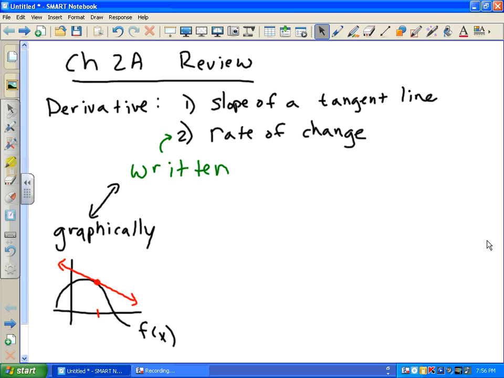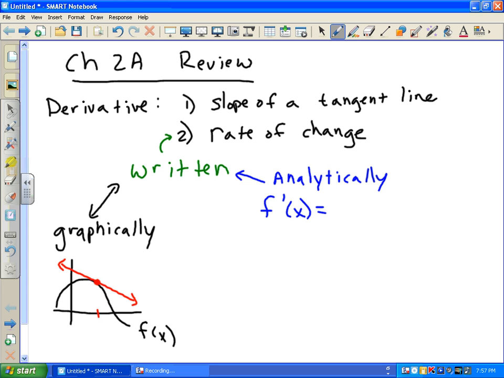Third way we talked about the derivative was analytically. When we say analytically, we're talking about equations. We could describe a derivative as f prime of x. Derivatives can be known as functions, and we can take those functions and plug in x values to find the actual slope of the tangent line at a point.